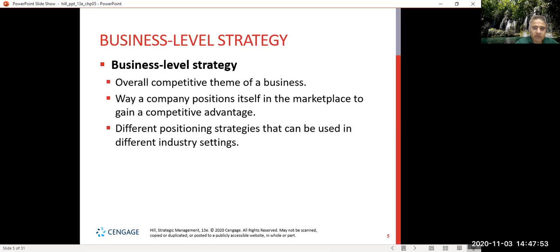So when we talk about business level strategy, we are talking about a product or a group of products, or a service or a group of services, which are similar in that industry, produced by a company. For Coke, the carbonated drink is one business.